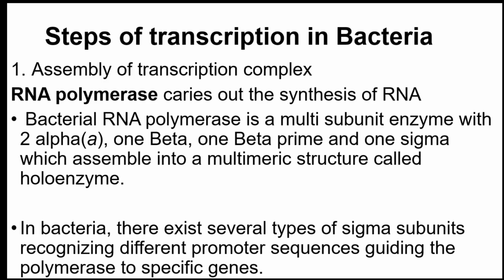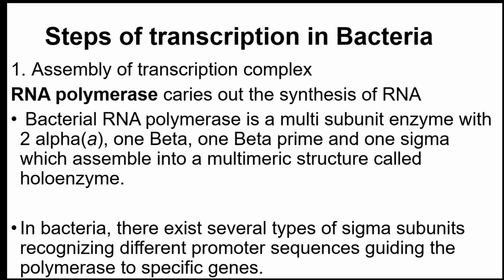In different bacteria, the sigma subunit varies, but the commonest, or the major one that you look at, is sigma 70. It is this sigma subunit which identifies the gene of interest.